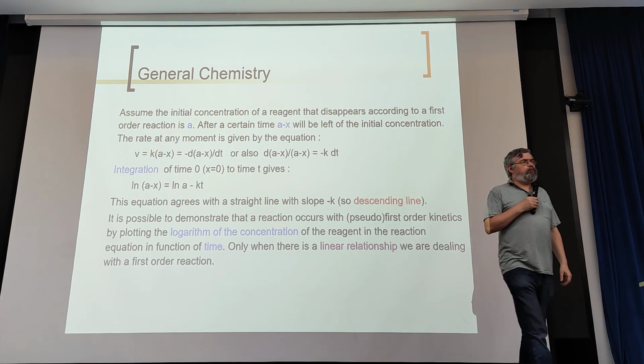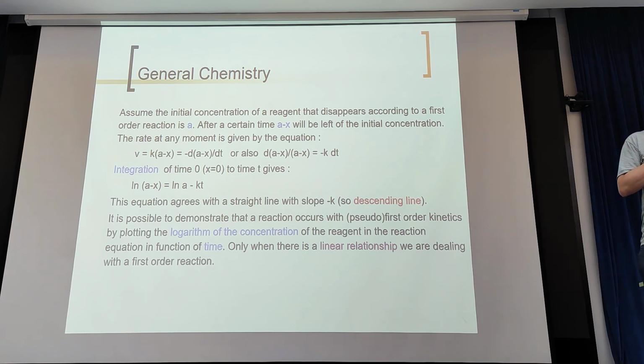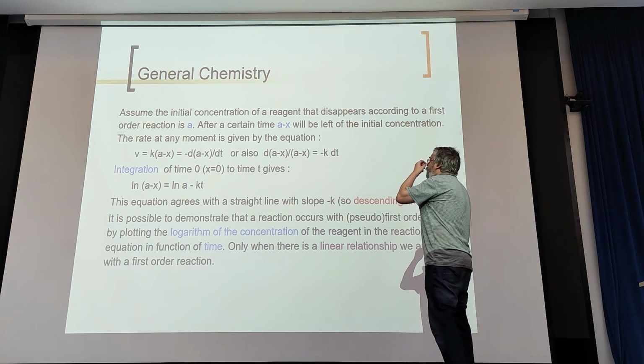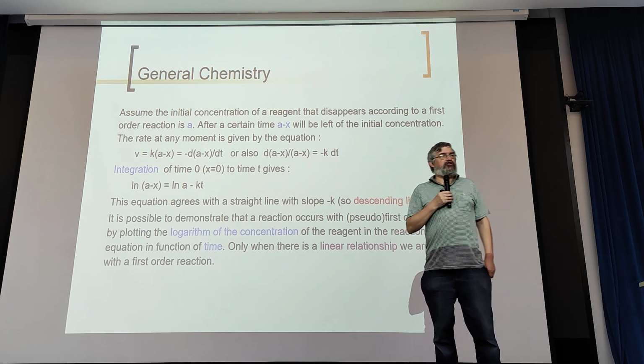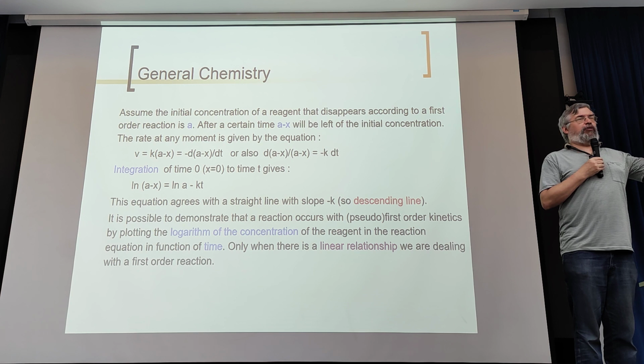Now, we're going to do a little bit of very simple mathematics. Let's assume that the initial concentration of a reagent that is going to disappear is A. That's the number that we have.